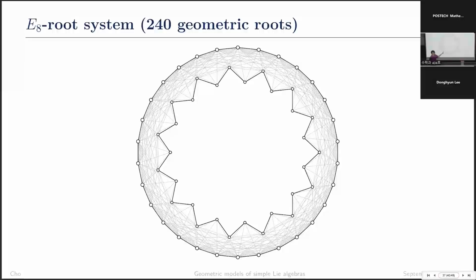Reflection with respect to an arc is: you take out this arc, you flip it and put it back. What it means is all the arcs connected to this vertex, this arc will go here and this arc will go here.